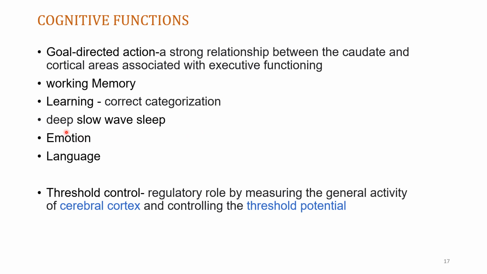It is responsible for deep slow wave sleep, and is also responsible for emotion and language. Threshold control: a regulatory role by measuring the general activity of the cerebral cortex and controlling the threshold potential. So it performs a regulatory role while performing any action, controlling the threshold potential in the cerebral cortex.